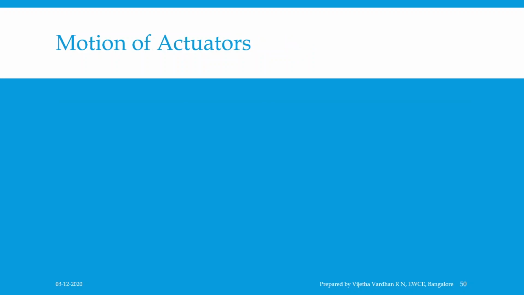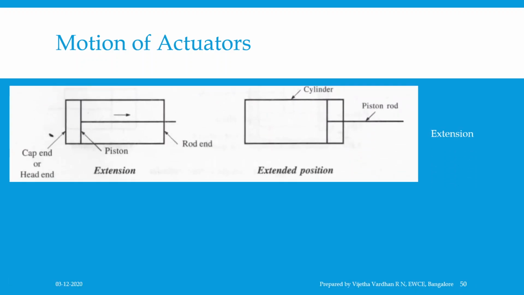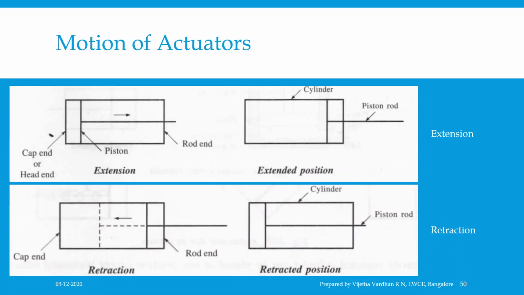Now let us understand what the motions of the actuators are and how they work. See the figure over here, which we call extension. The movement of the piston from the cap or head end to the rod end of the cylinder is called extension, and the figure shows the extended position of the hydraulic cylinder.